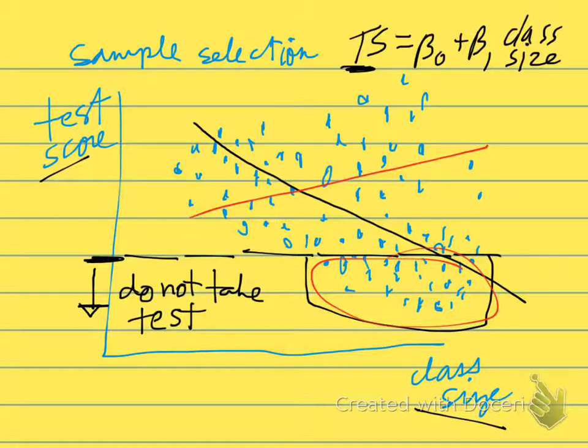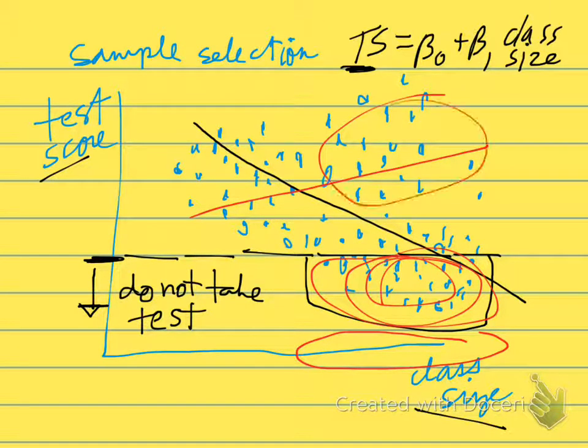It might look like now class size is positively associated with test score rather than negatively. And that's because all the schools with big class sizes and low test scores drop out, and the only ones that remain are school districts that have large class sizes and high test scores for whatever reasons. They are happy to continue to be tested, and they get tested. So you can see how this can bias our estimate of the slope.